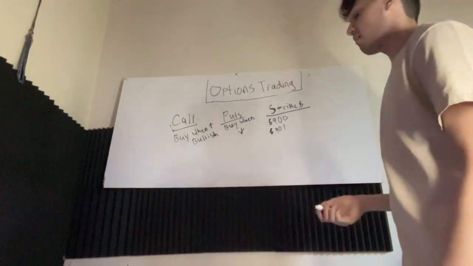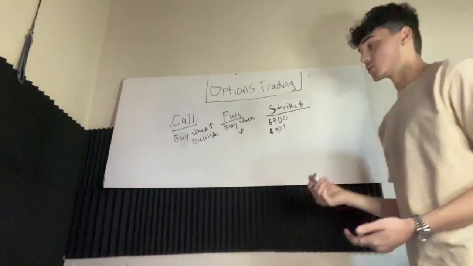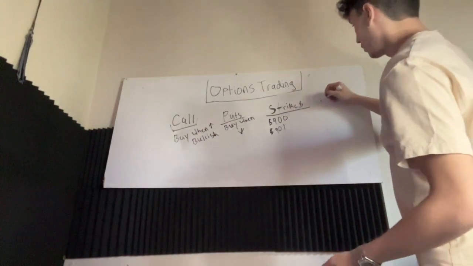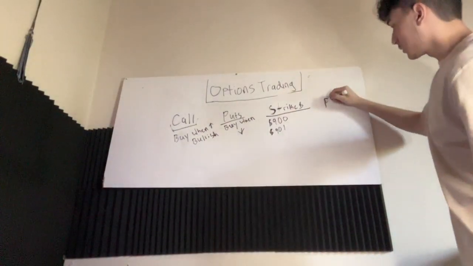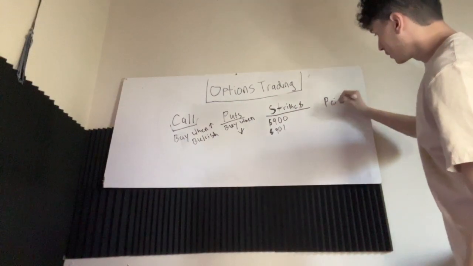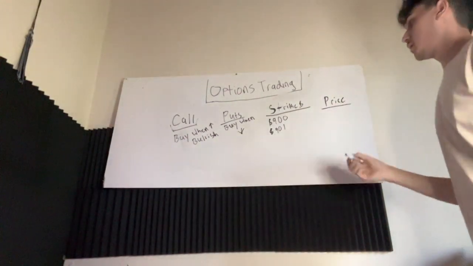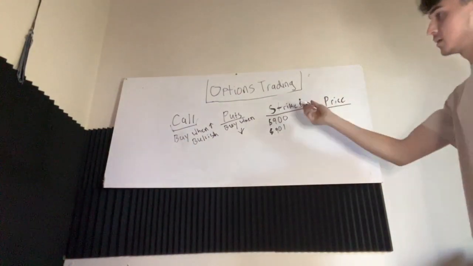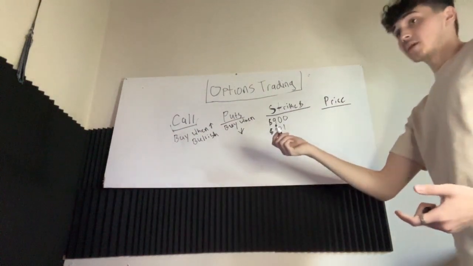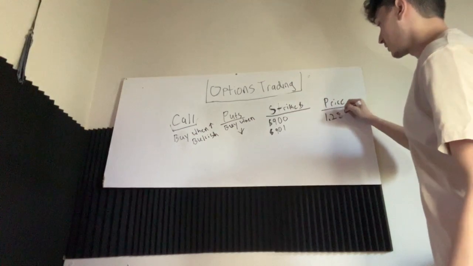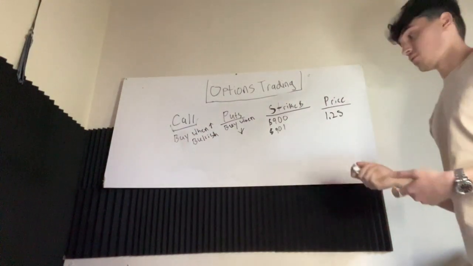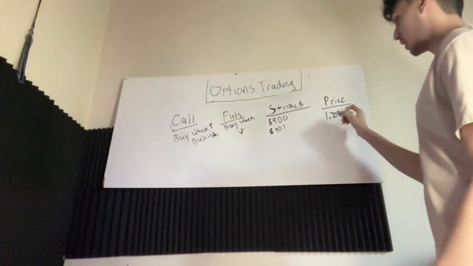We obviously have our prices of what the option contract would cost. So I'm going to go ahead and put price right here, and let's just say an option contract would be $1.25, right? A little bit of a more expensive option contract.